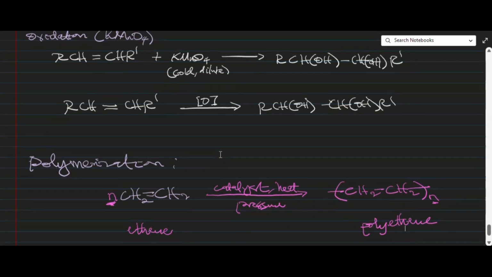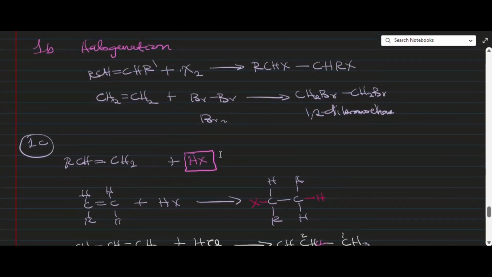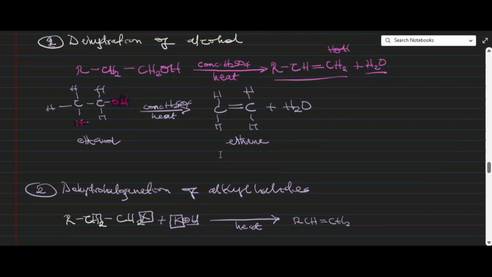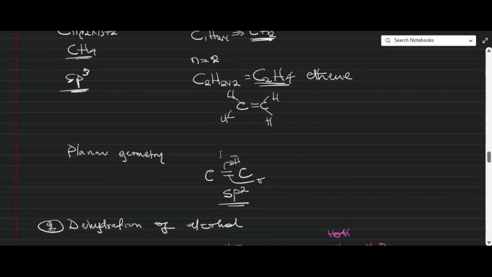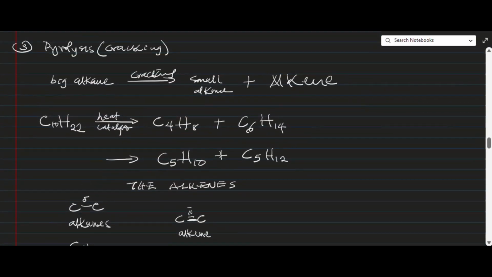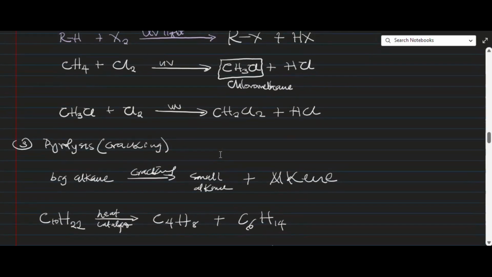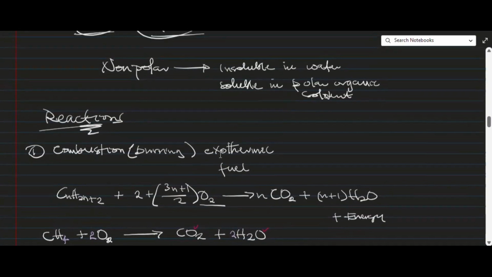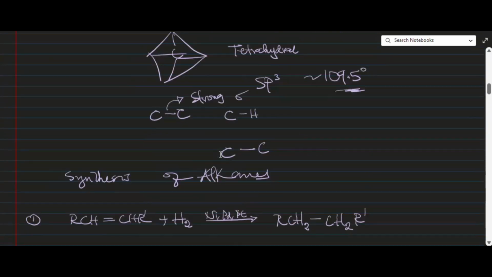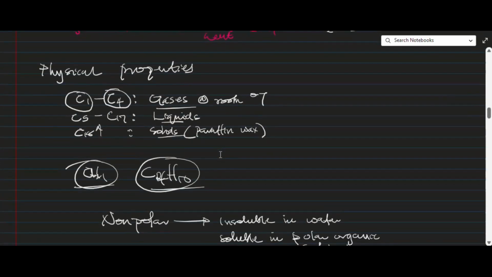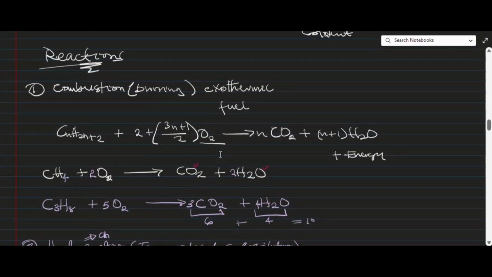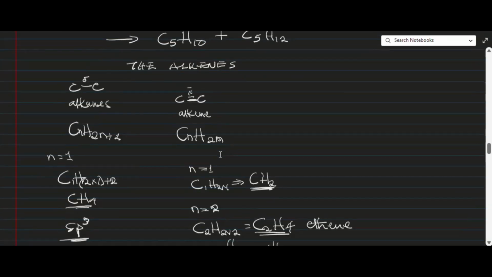So that is the last reaction of alkenes. We have looked at the way of making alkenes down to their properties. We looked at their physical properties first, and then their chemical properties.